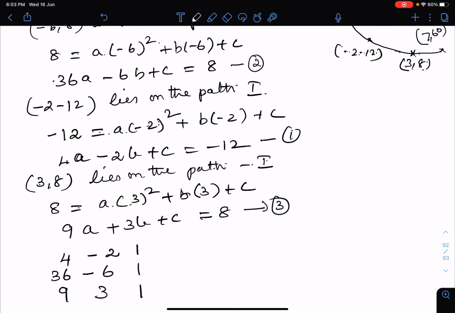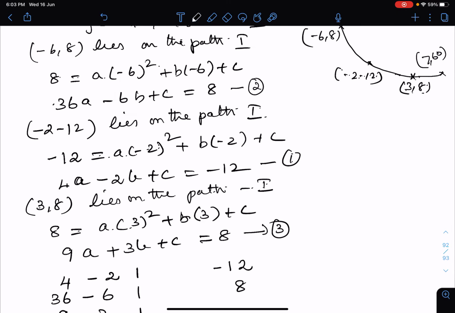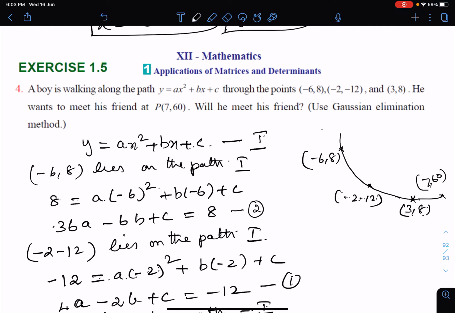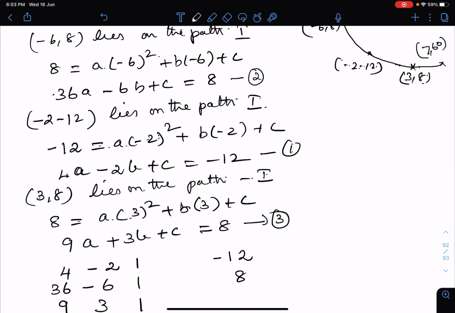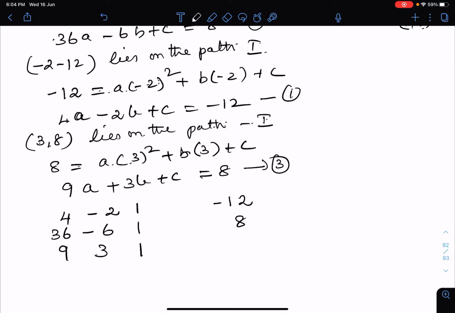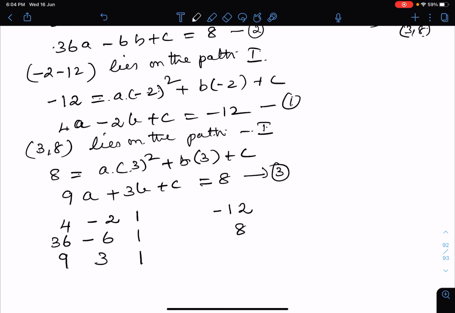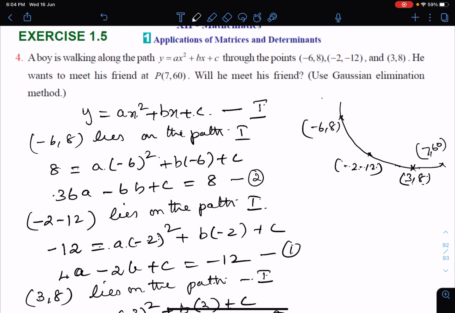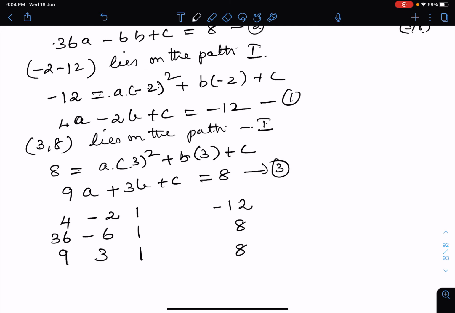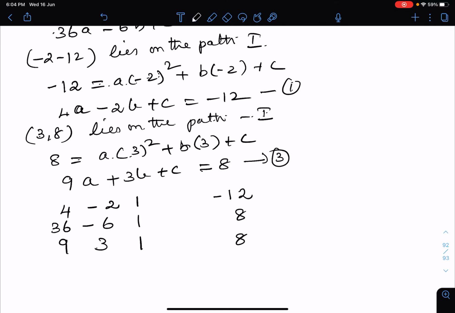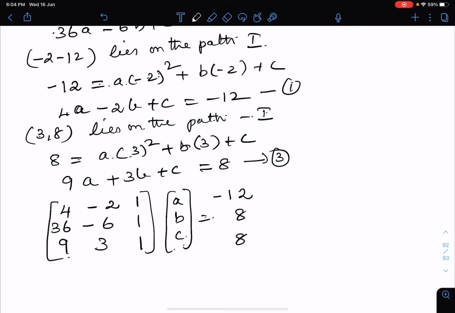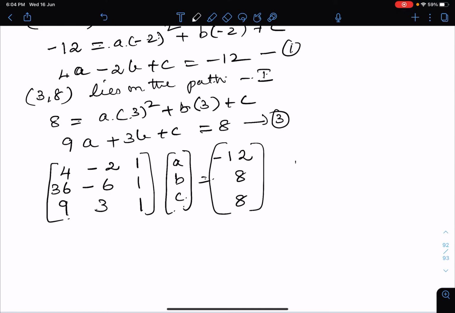Our constants similarly: first equation it is minus 12, second equation it is 8, and third equation also 8. Now you are going to write this in the format of Ax equal to B. So here you put your unknowns A, B and C equal to the right hand side constants.